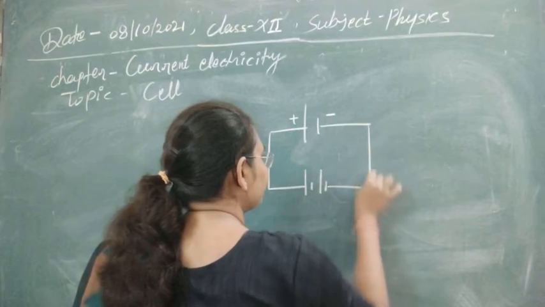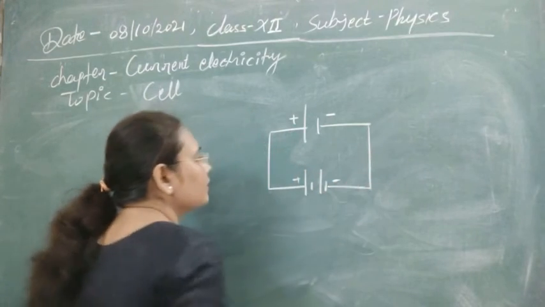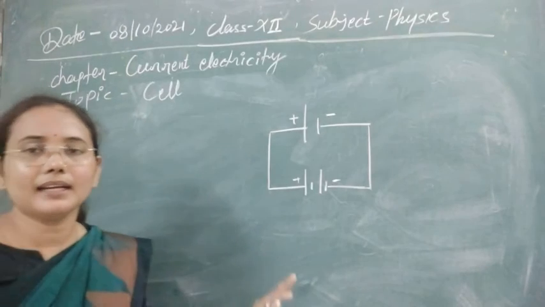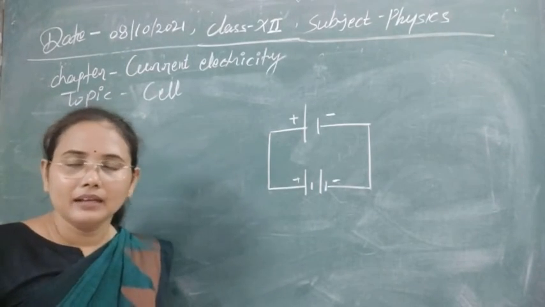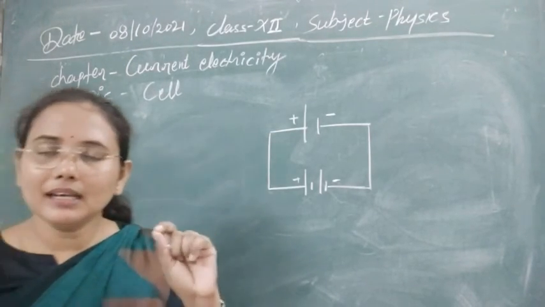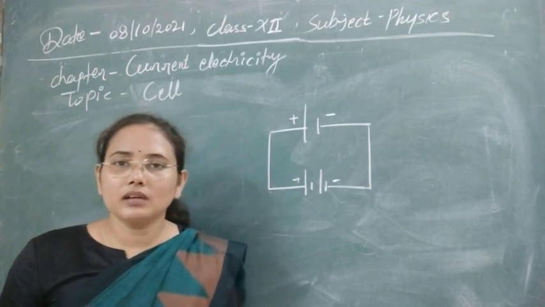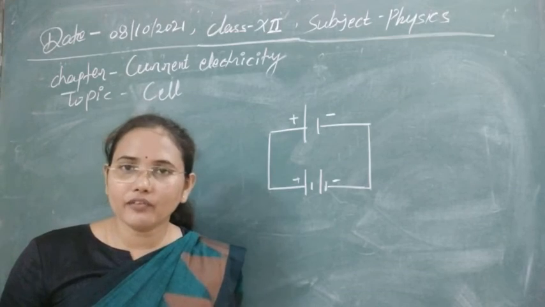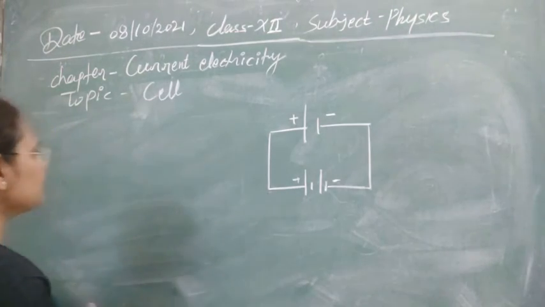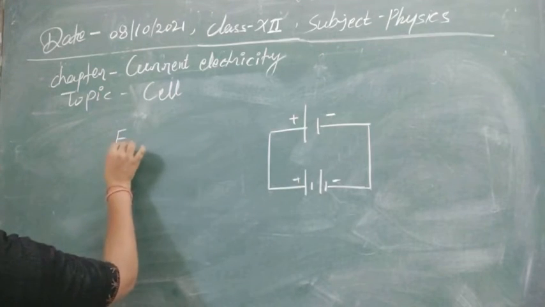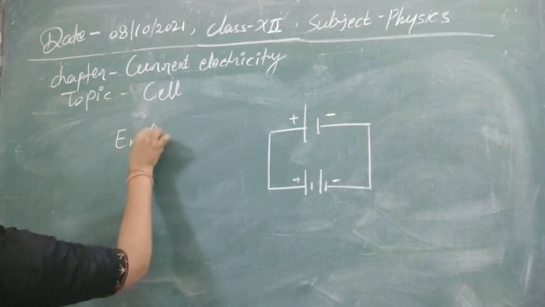Whenever the cell is open, meaning we haven't connected it to any supply, the potential provided by the cell is maximum, because we are not drawing any current from the cell. That maximum potential difference between the anode and cathode is known as the EMF of the cell.